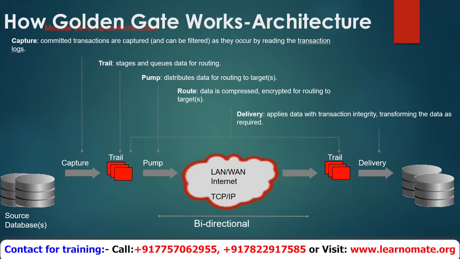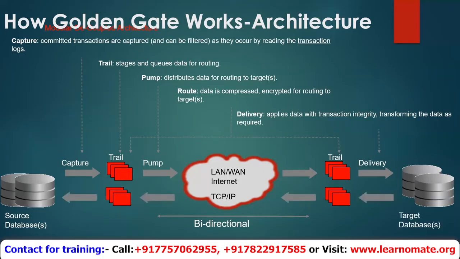So there are three processes involved in GoldenGate replication: extract, pump, and replicate. Each process here has a source to read from and a target to write to. The capture process source is the transaction logs of the source and the target is the local trail. The pump process source is the local trail and the target is the remote trail. The replicate process source is the remote trail and the target is the target database.